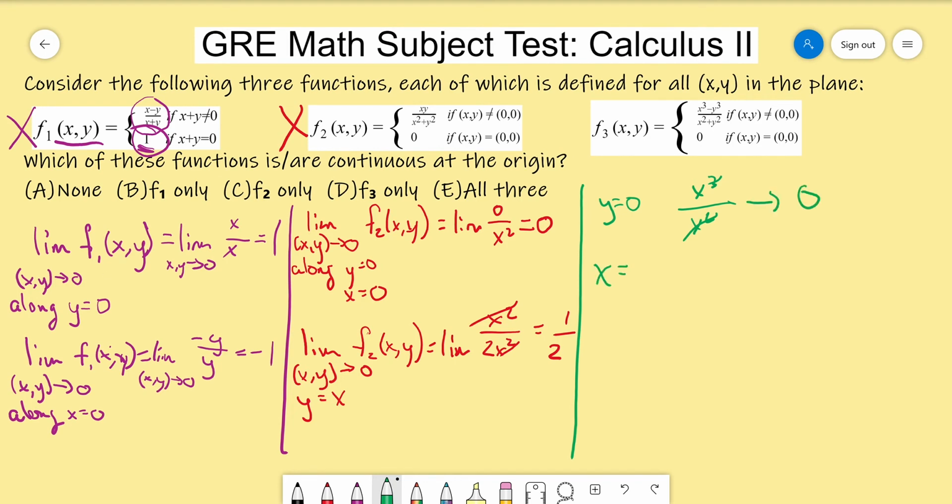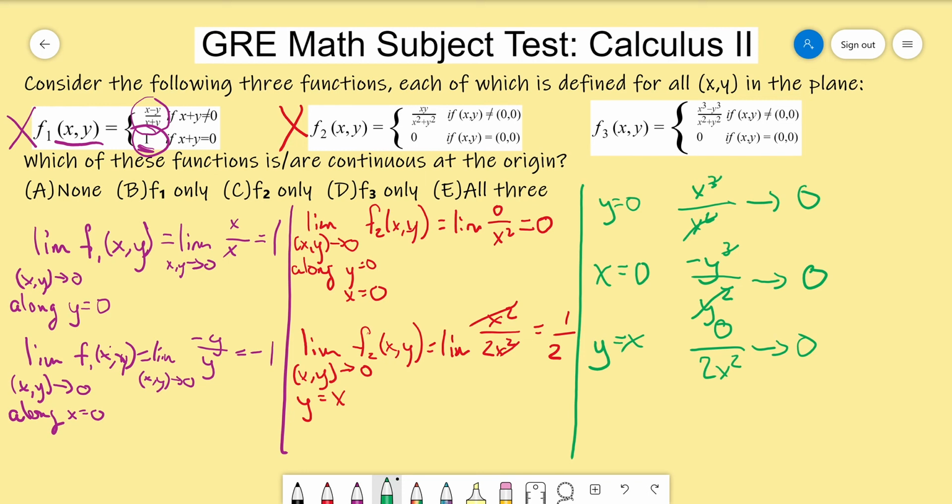But what about x equals 0 along the y-axis? Then we'll have negative y cubed over y squared, which also is going to approach 0. What about along the line y equals x? Well, in that case, we'll have x cubed minus x cubed, so that'll be 0 over 2x squared. So that's going to be 0 all the time.